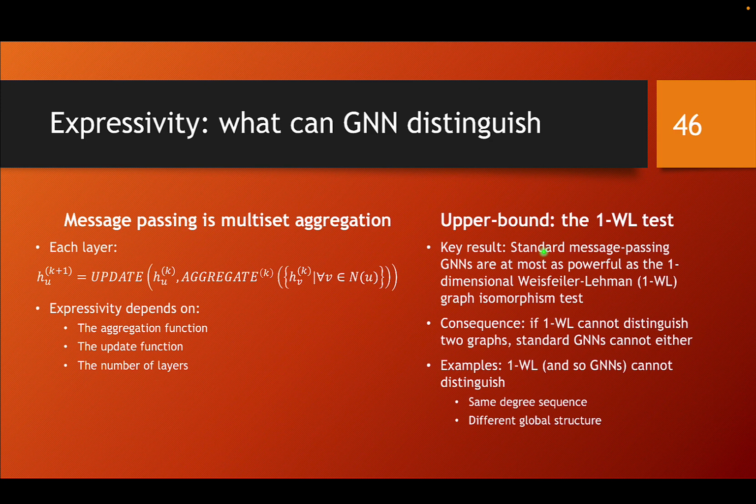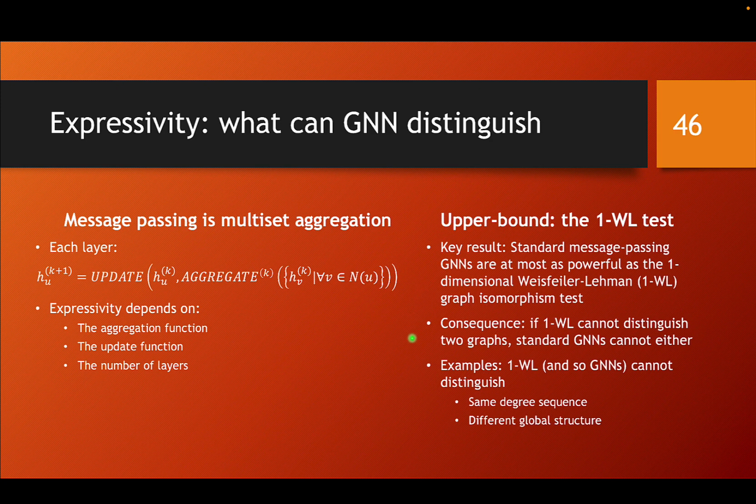The other point I want to make here is that there is an upper bound in how much graph neural networks can do, and that's given by the one-dimensional Weisfeiler-Lehman test, or 1WL test. There is this key result that says standard message passing GNNs are at most as powerful as the one-dimensional WL graph isomorphism test.